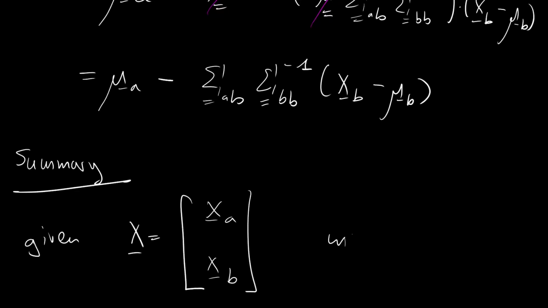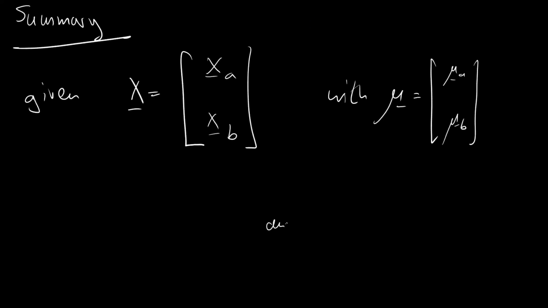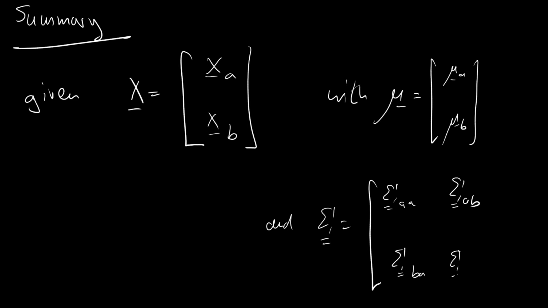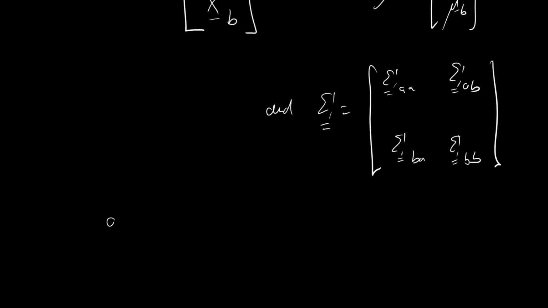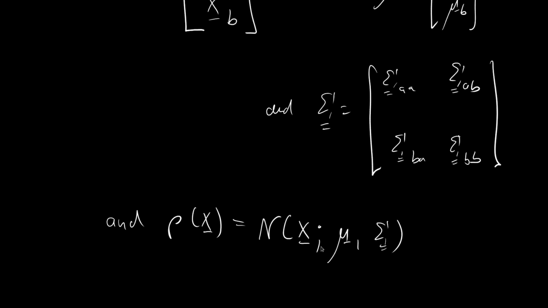We had the mean vector with its mu A and its mu B, and we had the covariance matrix given with the sigma AA, the sigma AB, the sigma BA, and the sigma BB. And then of course we knew that the probability of the entire vector was the multivariate normal over it, given the mu and the covariance matrix.